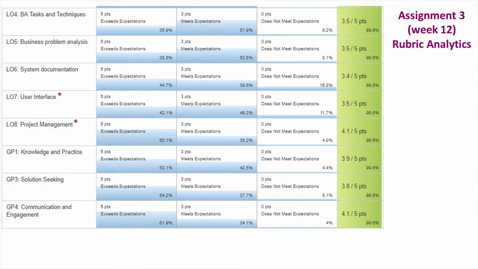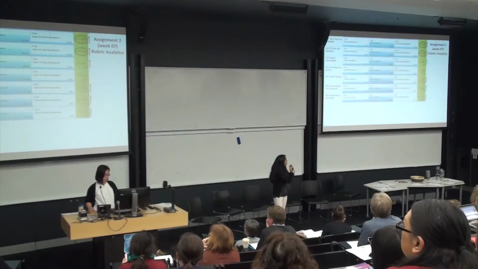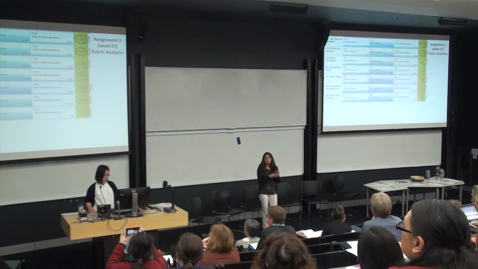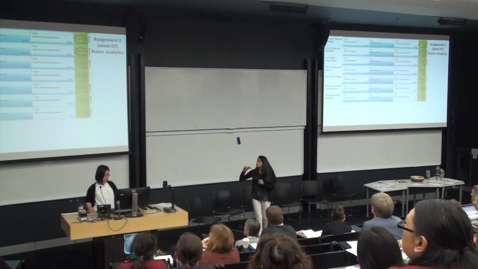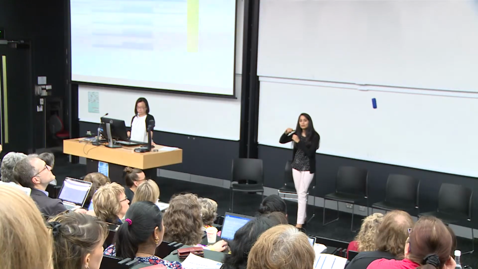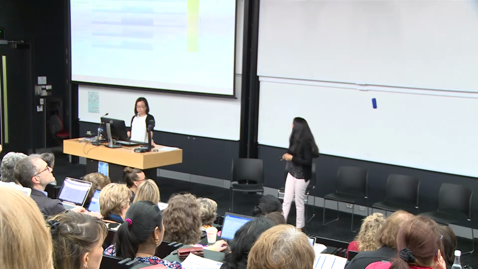All the ones that have the little arrows on the side were also there in assignment 1. Generally speaking, we're seeing an improvement across all of them. While the first 2 are still just under the meet expectation mark, there's still been an improvement within those.